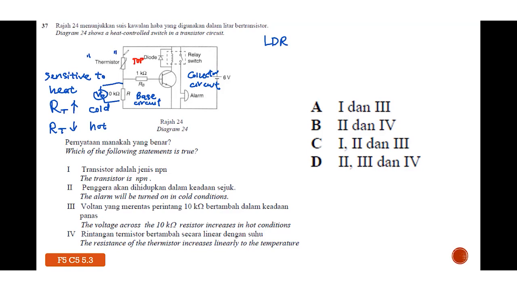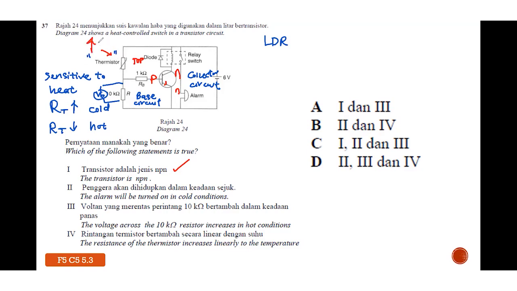For this case, first, what type of transistor is this? The current flows this way, from positive to negative, therefore NPN. Correct. Will the alarm be turned on in cold conditions? Let's predict. Because your thermistor is placed on top, during cold, the resistance is high.